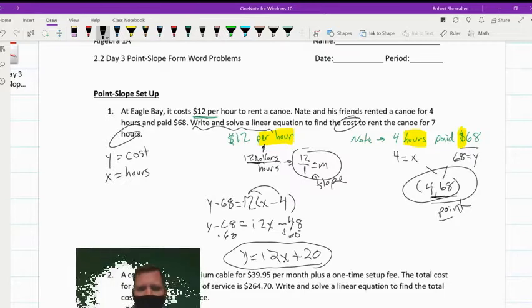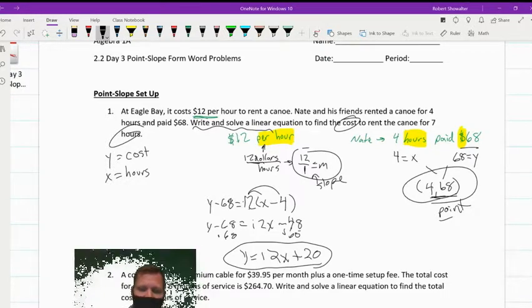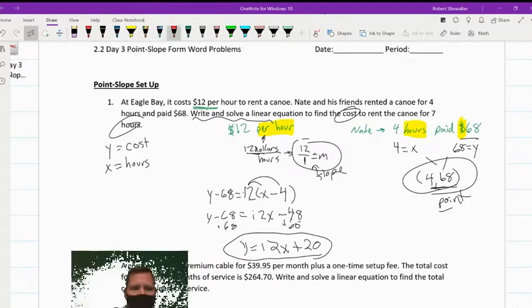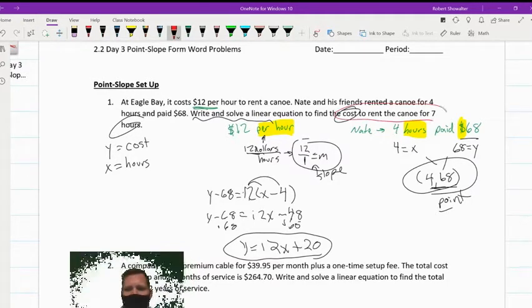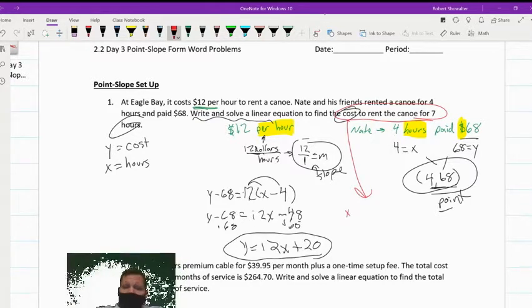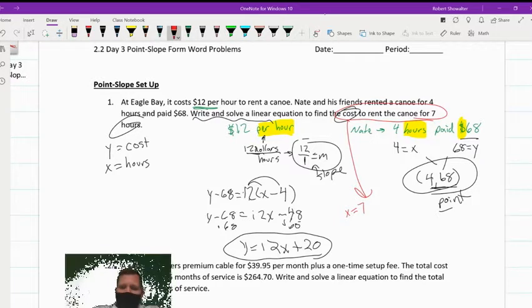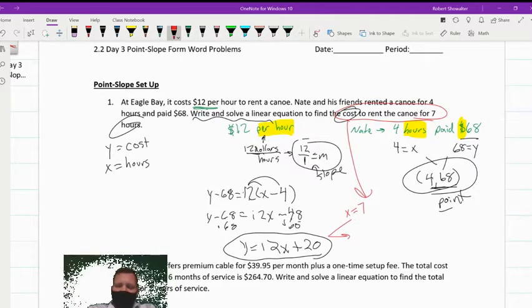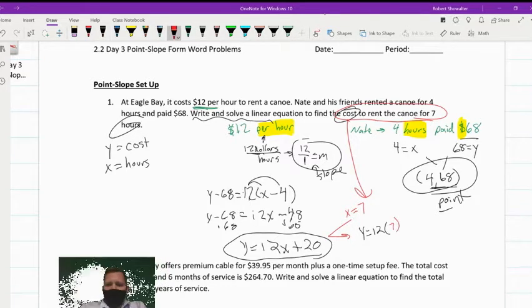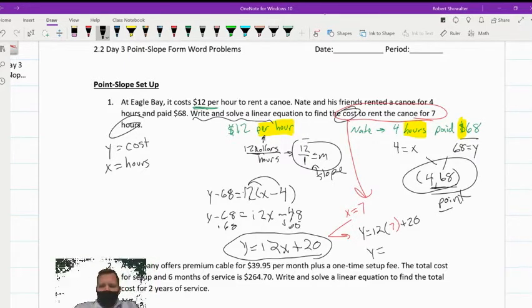So write and solve a linear equation. This becomes the linear equation that we have. Now we need to solve it to find the cost to rent a canoe for 7 hours. So this piece turns into 7 hours. So we have an x being 7. We're going to take that x and substitute it into our linear equation we just found for x, and we're going to solve it and figure out how much it's going to cost to rent a canoe for 7 hours.